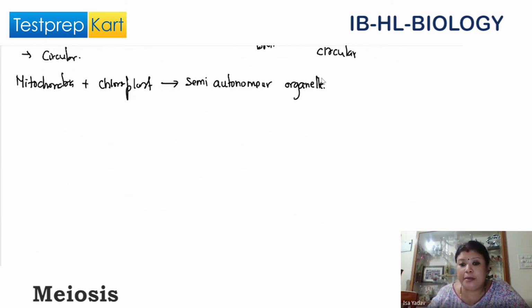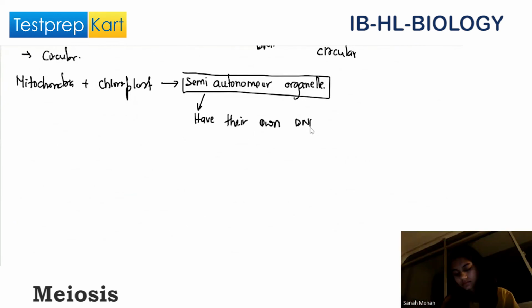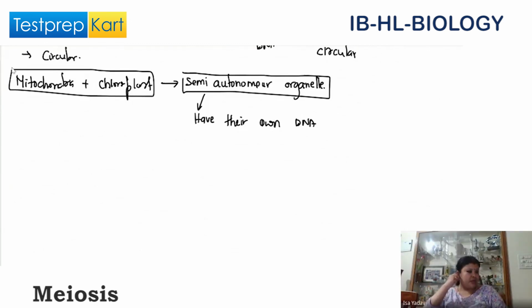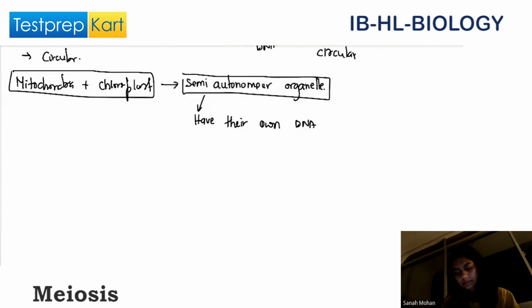Semi-autonomous organelle means both mitochondria and chloroplast have their own DNA. They are not dependent on the nucleus. They have their own DNA. Clear?